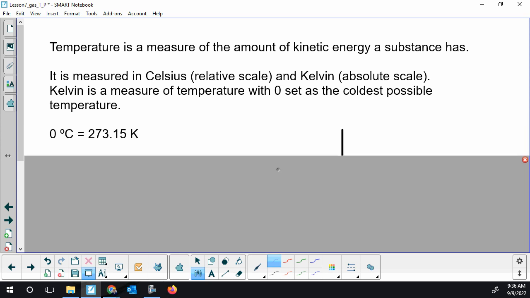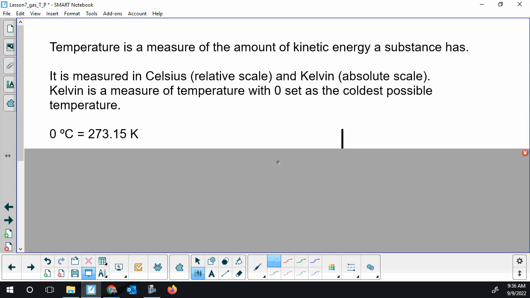Okay. Now it turns out that when it's 0 outside and you think it's cold, oh, it could get a lot worse. We're at 273 and a bit Kelvin. Okay. So we're a long, long way up from 0.